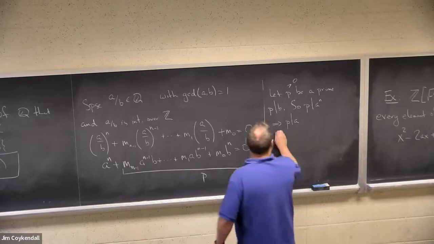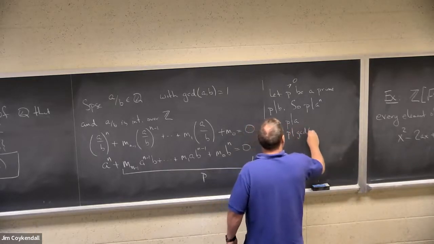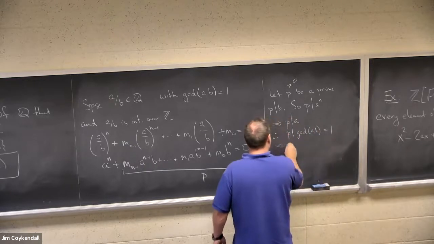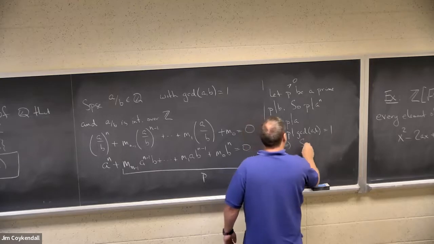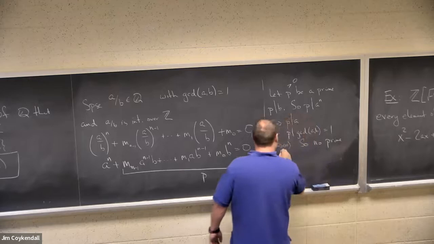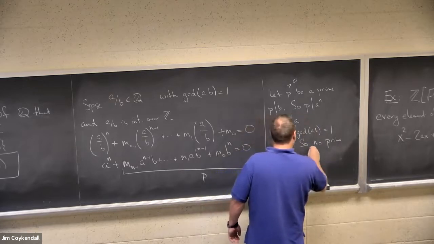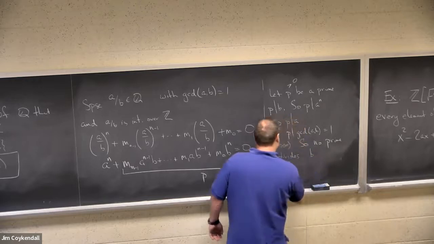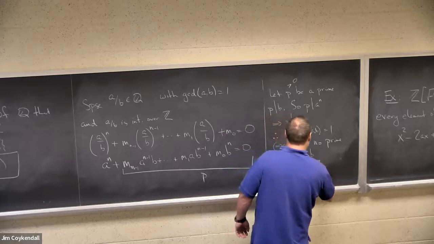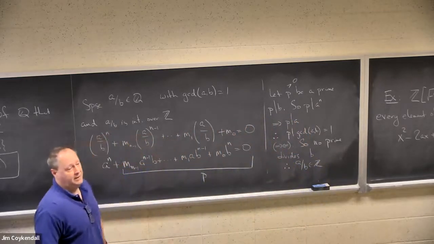Therefore, p divides GCD of a, b, which is 1. So no prime divides b. Therefore, a over b is an integer. So that's it.